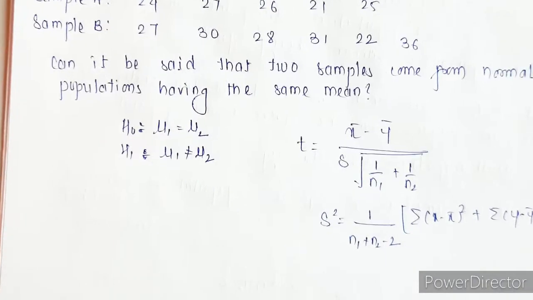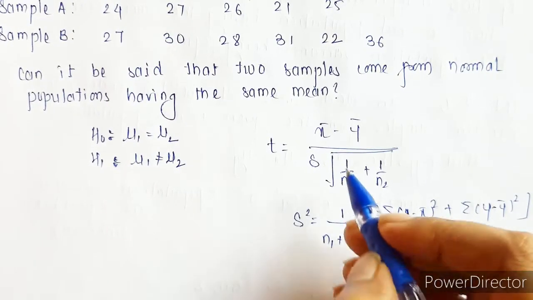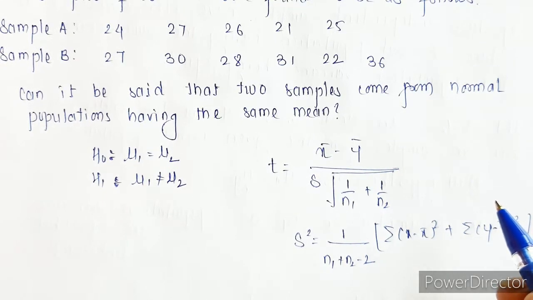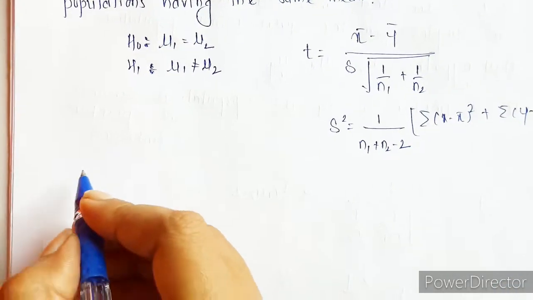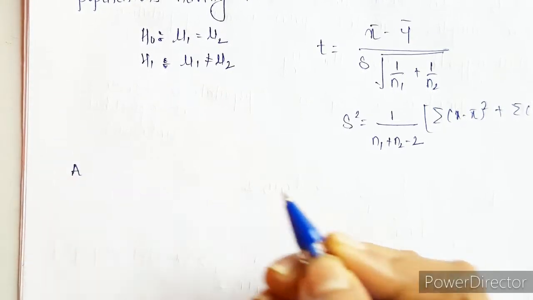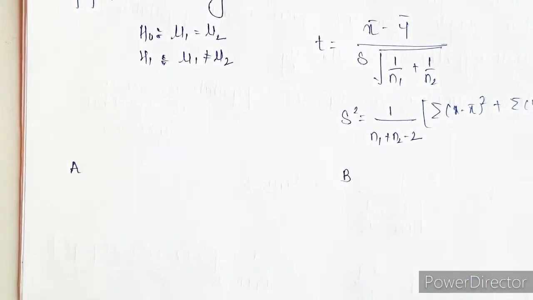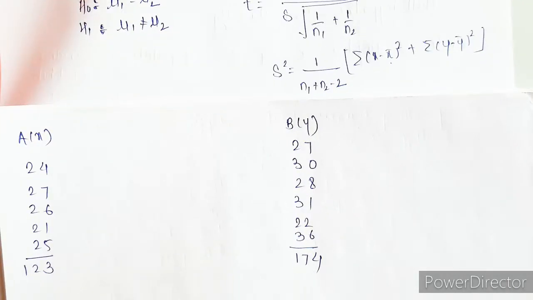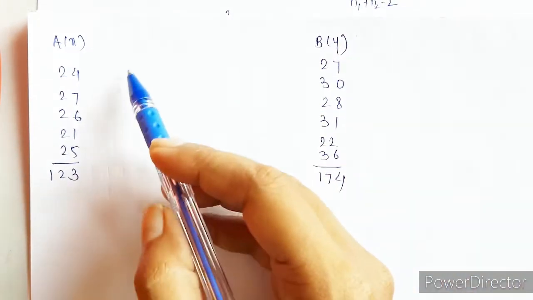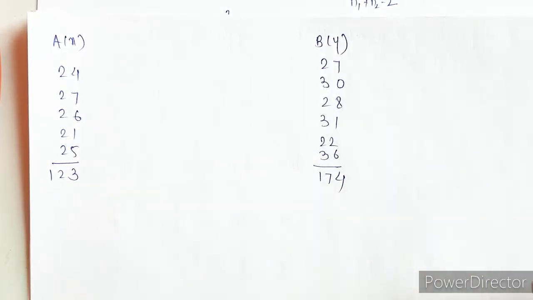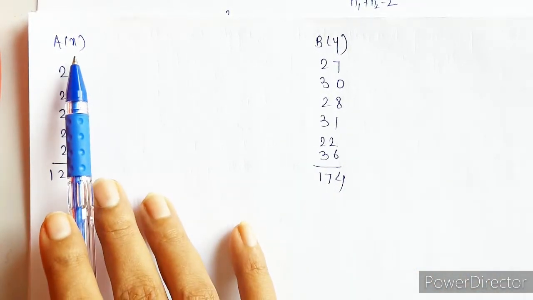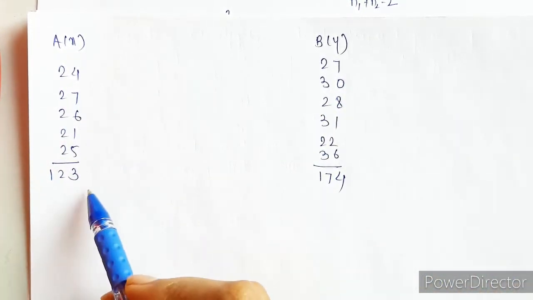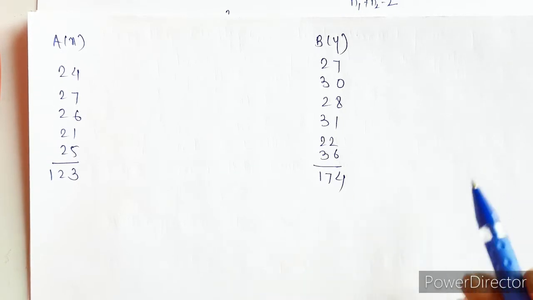Let's first find x bar and y bar, the mean of sample A and the mean of sample B. I'm just copying the values of A and B here. We'll denote them as x and y. The total of sample A is 123 and the total of sample B is 174.